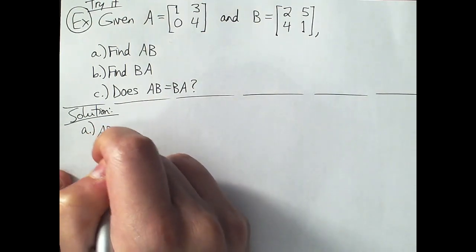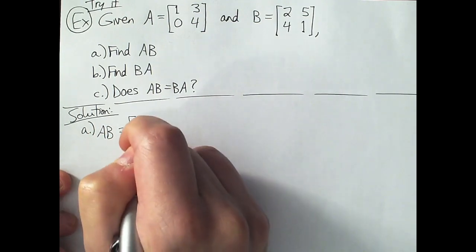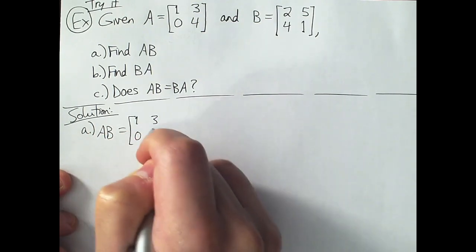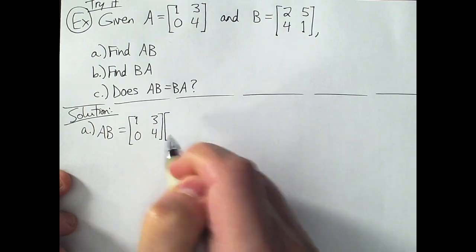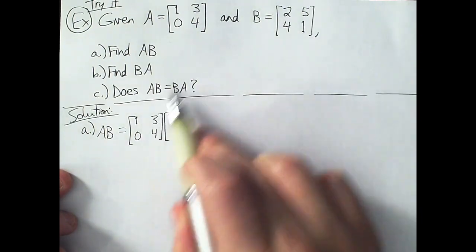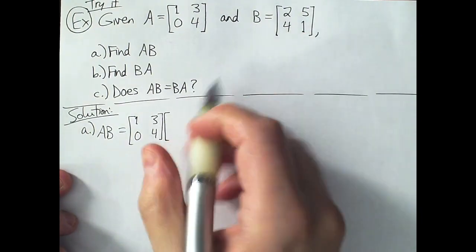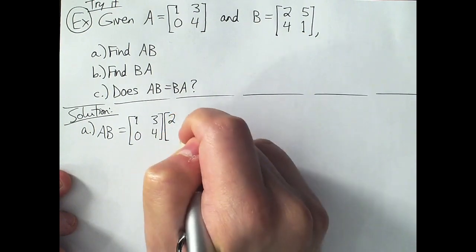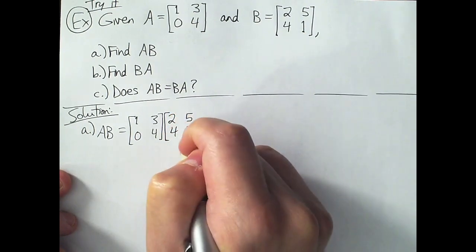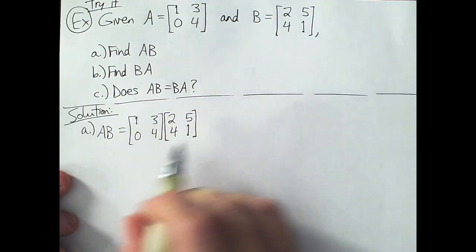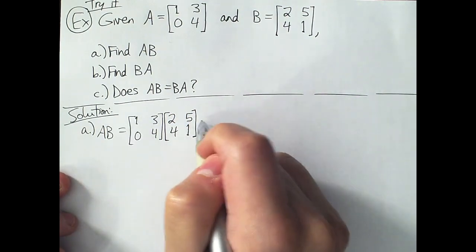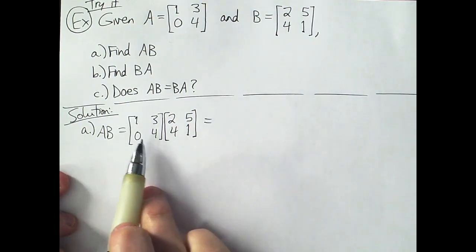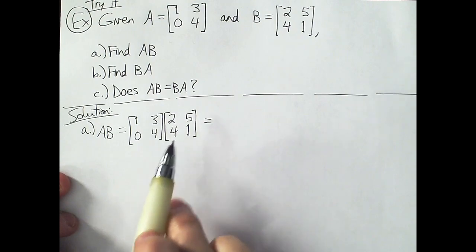So AB equals this matrix times this matrix. They're all the way up there, 2 or 3 inches away, and I don't want to have to look all the way up at the top of the page when I have to match up rows and columns. I prefer sometimes to just rewrite them side by side.